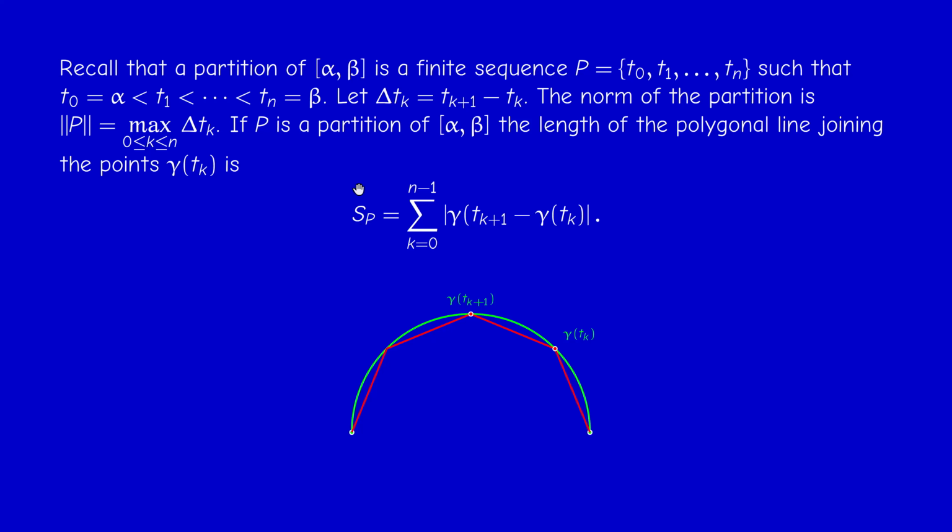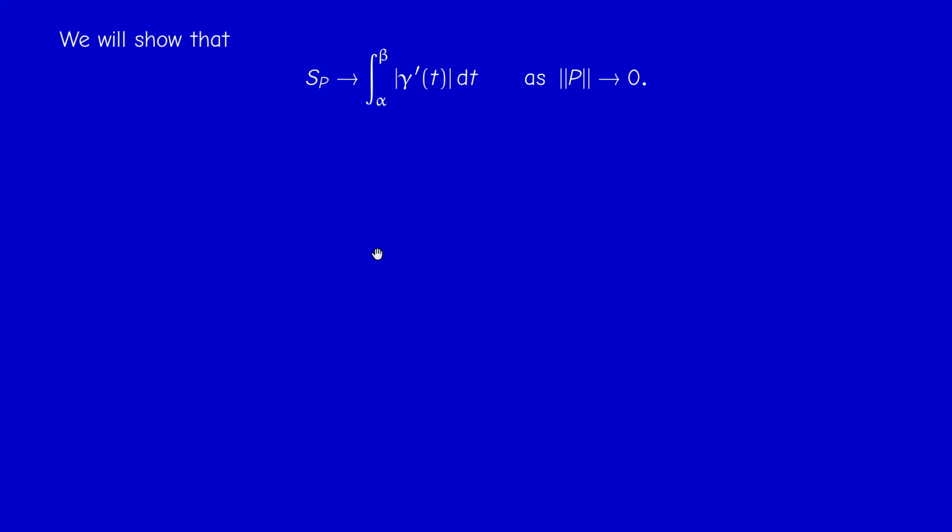So the length of the polygonal path approximating the path, so this is gamma of alpha, this is gamma of beta, okay, is the sum of all these lengths in red, right? And we are going to prove that as the norm of P tends to 0, S of P converges to the integral of gamma prime in modulus, right? This is the idea.